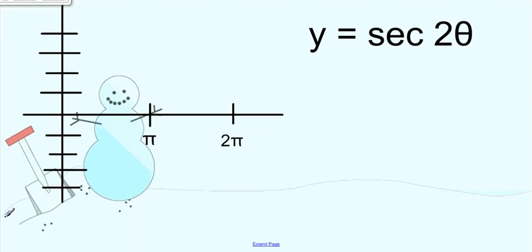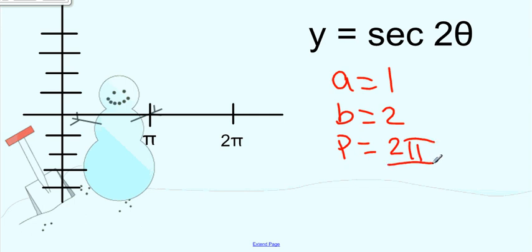For y equals secant 2 theta, now we don't have an amplitude shift. Our amplitude is still 1. Our b now is 2, which means our period is going to be 2 pi divided by our b, so 2 pi divided by 2, or just pi. So now we have actually shrunk our graph, so there's going to be more graphs happening.